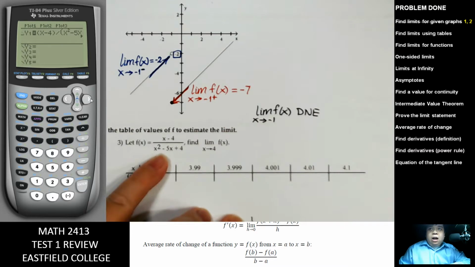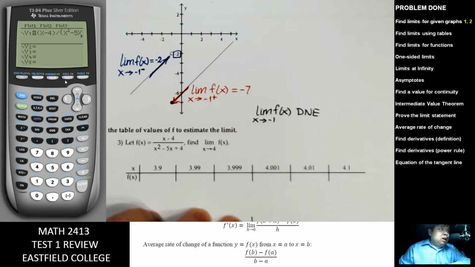Right. Once we're done, we can hit graph on a lot of things, but here we want the value, so we hit second and trace, or calculate, and we choose the first option, so I just hit 1. Right, it will graph the function.